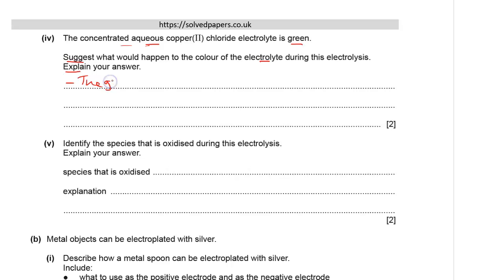The green color of copper 2 chloride will fade away. Of course, the explanation behind that is that we are removing the copper ions, which are responsible for the green color.